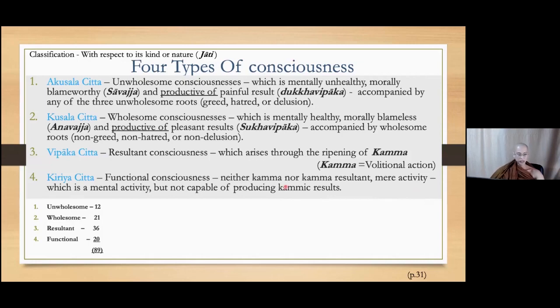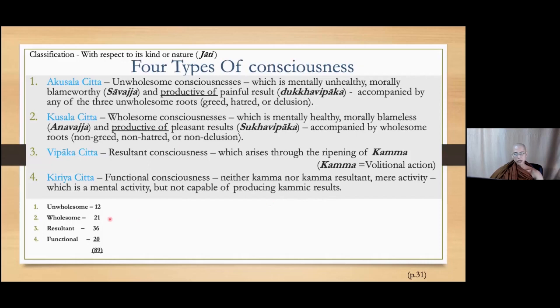It is not included in karma or karma result. It is mental activity but not capable of producing karmic result. So that type of consciousness cannot be included in the causative group, because it cannot produce karmic results.